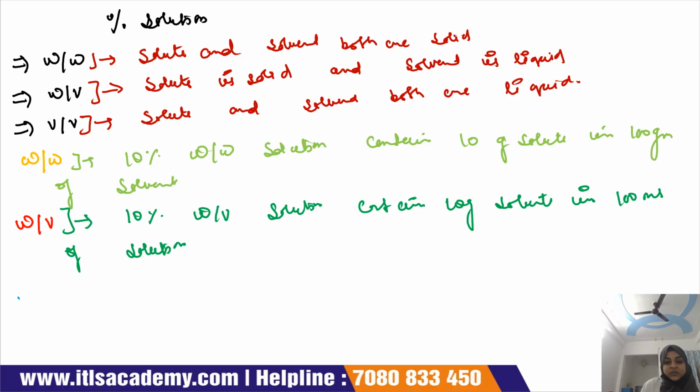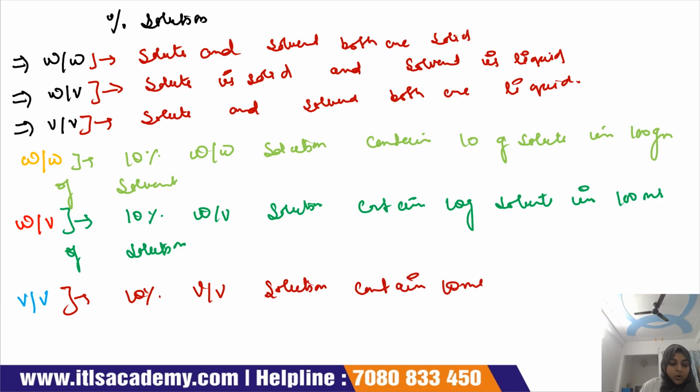Now the next is volume by volume. A 10% volume by volume solution contains 10 ml of solute in 100 ml of solution. This is your percentage solution, or simply how it is calculated.